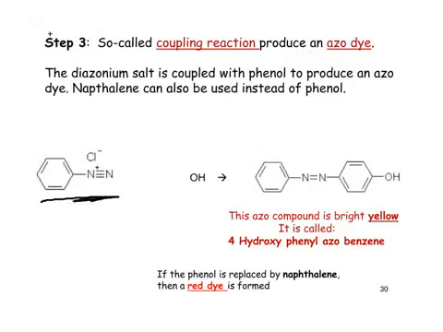So here's our chemical that we're keeping below 5 degrees centigrade, and if we want to produce an azo compound like this, something is missing from here, the benzene ring hasn't come out. Let's just put that in for you. So this is part of a benzene ring here.